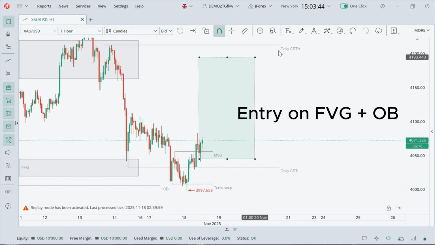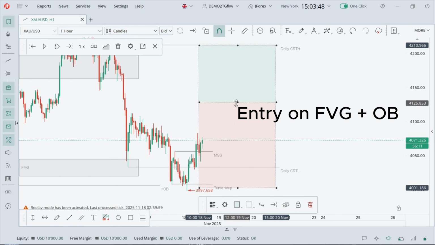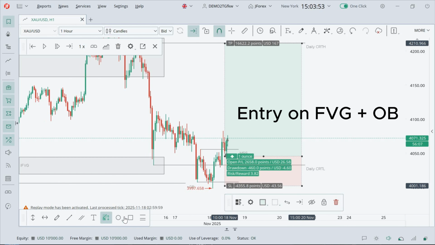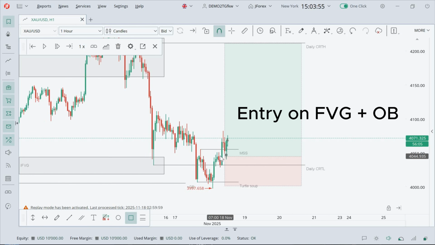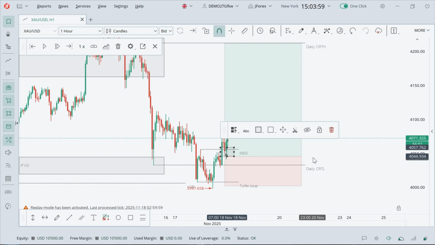Price broke the structure to the upside. Now we're going to take our entries from the fair value gap plus the order block on the 1-hour time frame, targeting the daily CRT high and the external range liquidity.